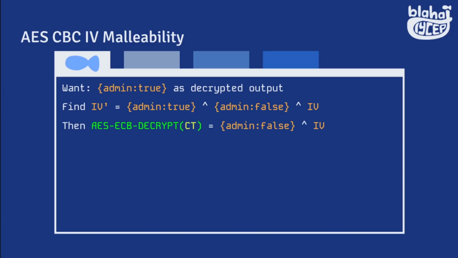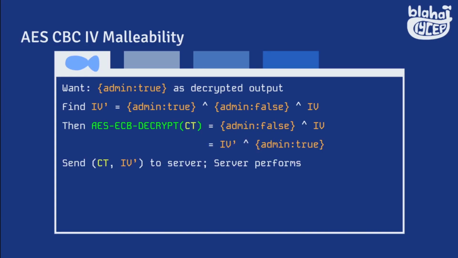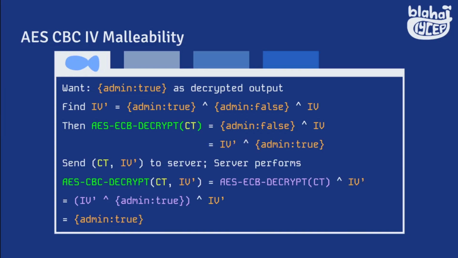So we just submit a fake IV, which is equal to the decryption of CT1 XOR PT prime. And this is equal to PT1 XOR IV, and then we XOR PT prime. And we're done. We just need to calculate this, and we have gotten a fake IV.